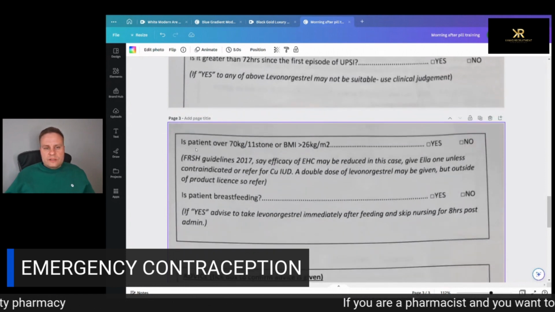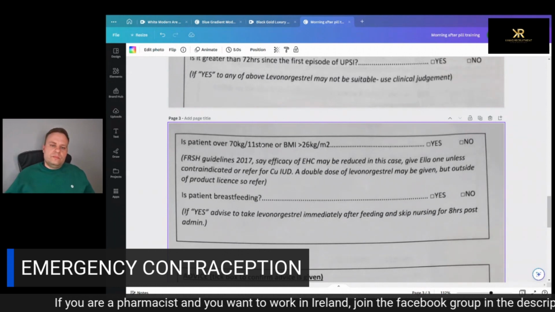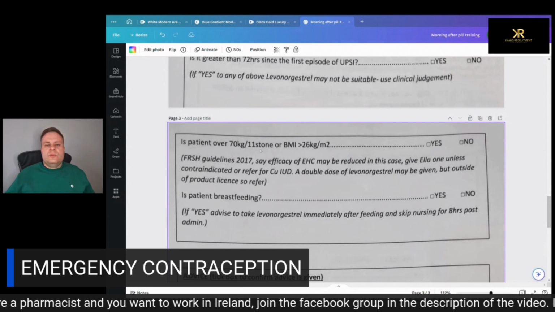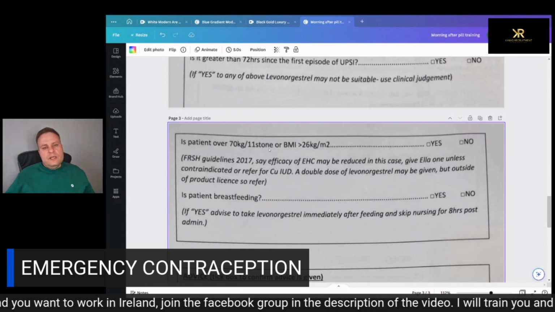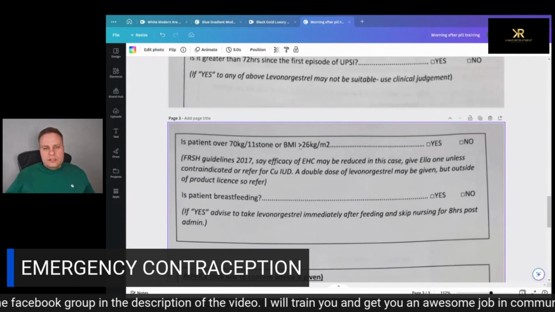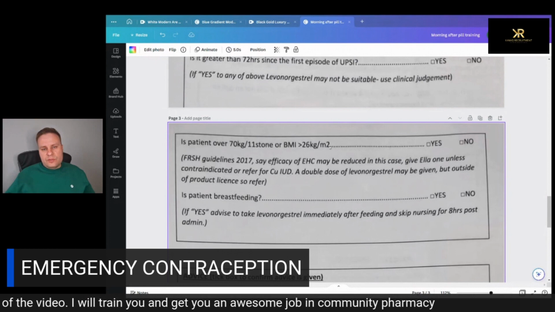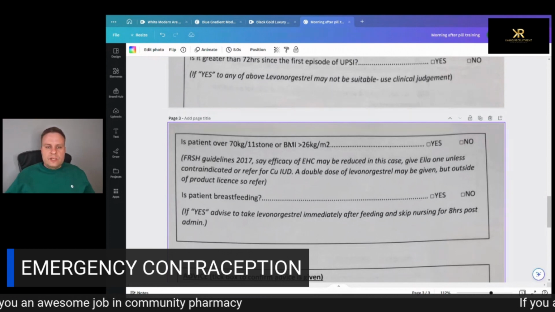Now you have to ask if the patient is over 70 kilograms or 11 stone, if you're going by the British measurement, or if the body mass index is greater than 26 kilograms per square meter. Any pharmacist should know how to calculate the body mass index.